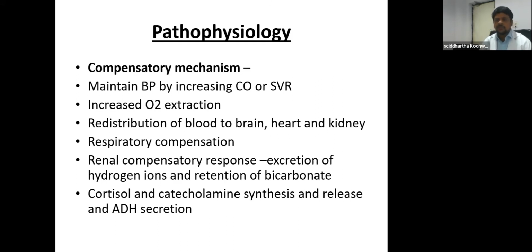Now, to compensate for this fluid loss, there is a compensatory mechanism to maintain blood pressure. It is done by increasing the heart rate, because cardiac output is a product of stroke volume and heart rate. So to maintain blood pressure and cardiac output, the heart rate is increased, which leads to tachycardia.